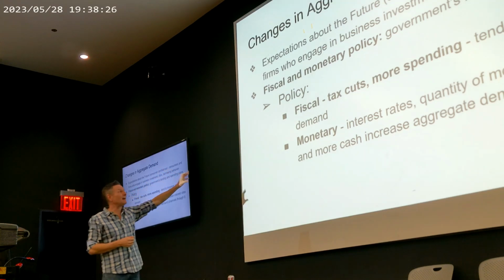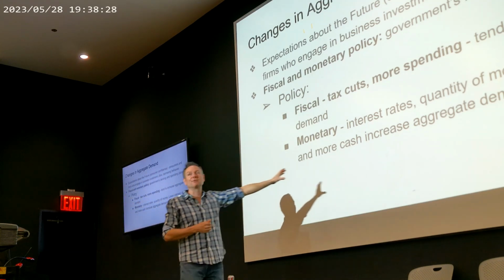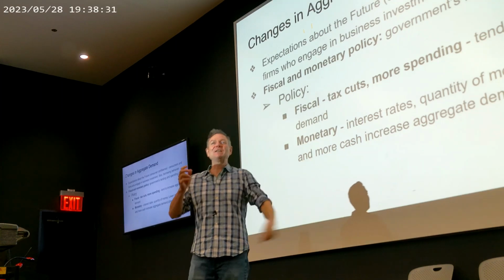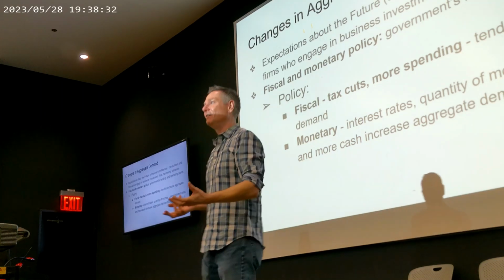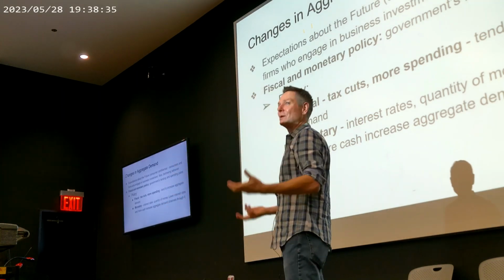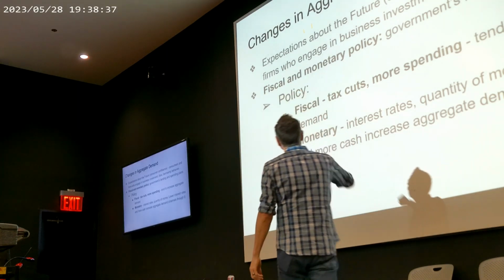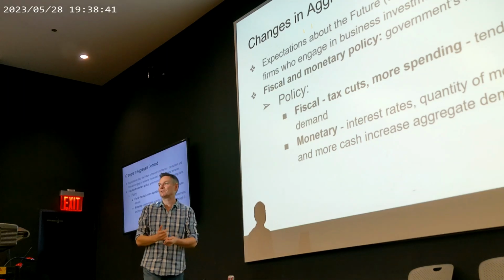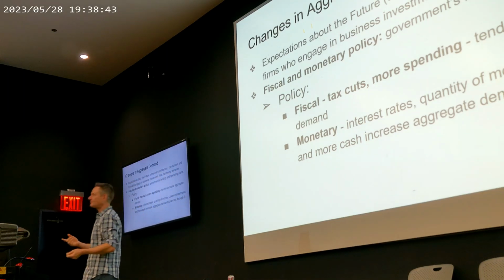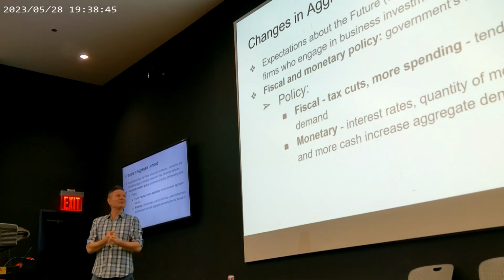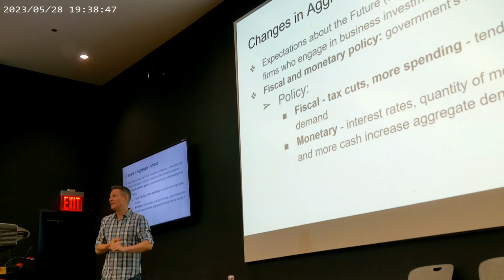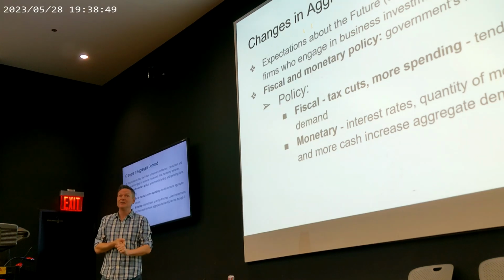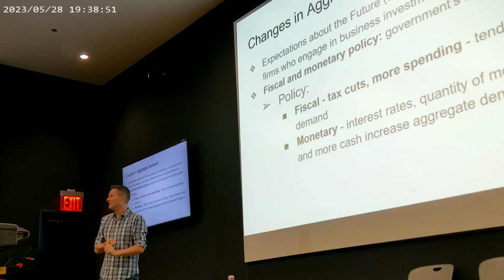Of course, there's also stuff about policy that can influence aggregate demand, right? And so maybe now you're beginning to think about how we might manage the economy if we were policymakers. So we usually break policy into two categories, fiscal policy and monetary policy. Fiscal policy are things that the government does that change spending and change taxation.